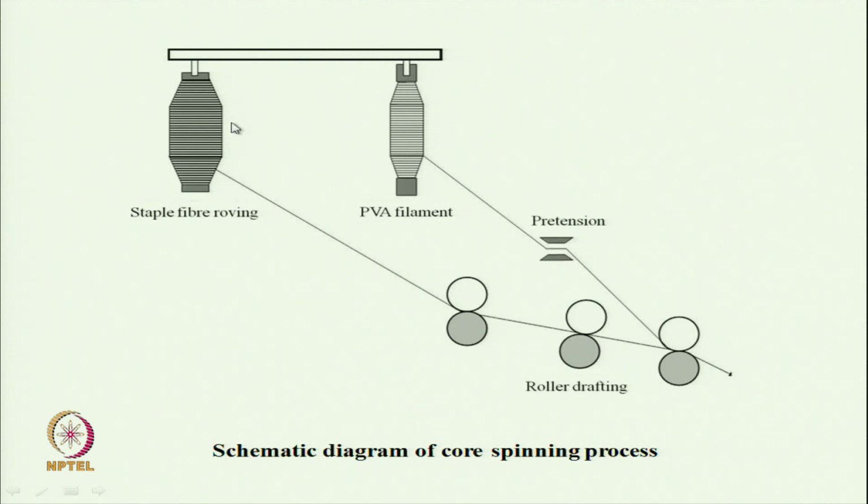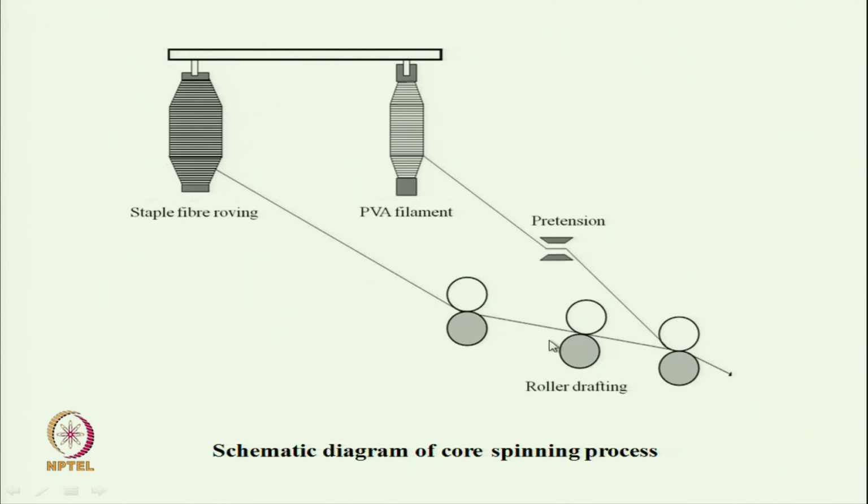This is the manufacturing process. PVA filaments were pre-tensioned and fed at the front roller, and cotton roving was used.